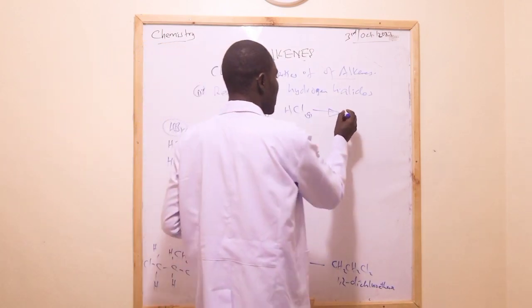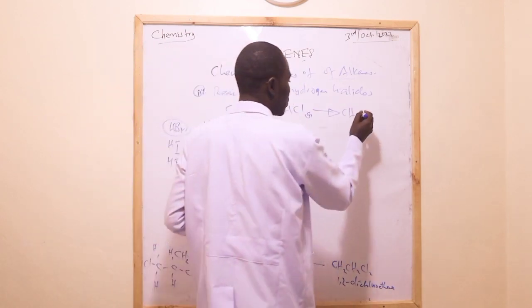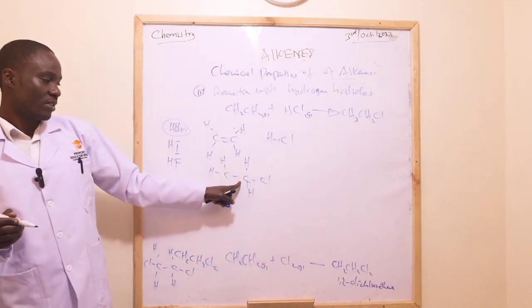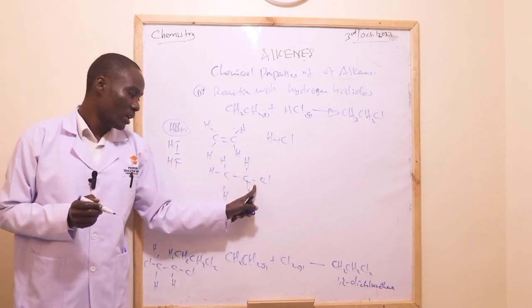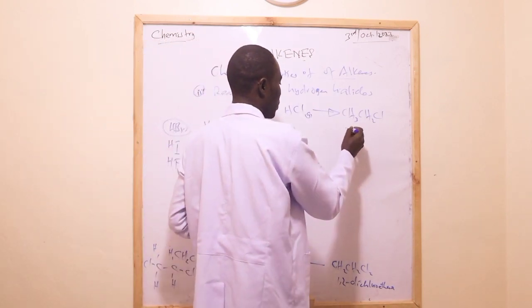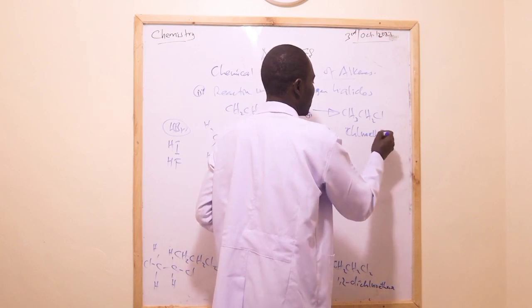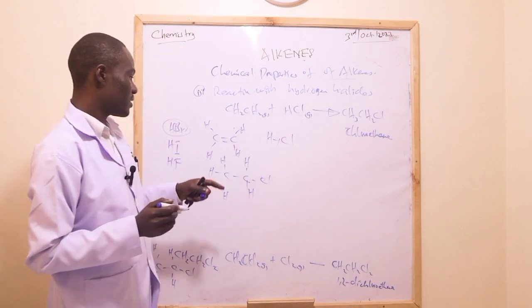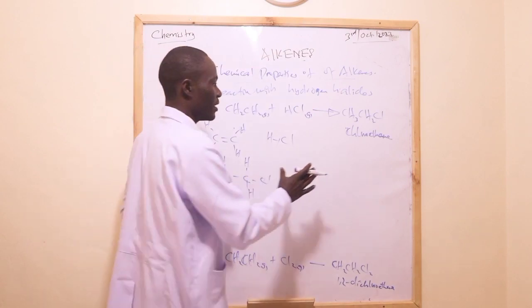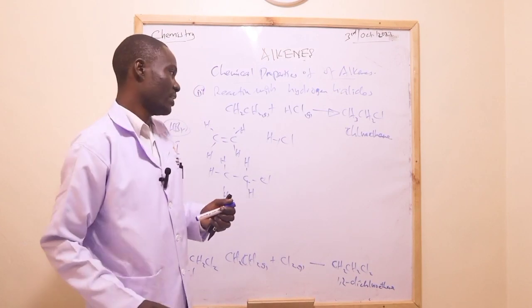It means that it forms CH3CH2Cl in the molecular state, and you can name it chloroethane. Chloroethane is a gaseous substance, and it only forms chloroethane. There is no other product formed alongside it.